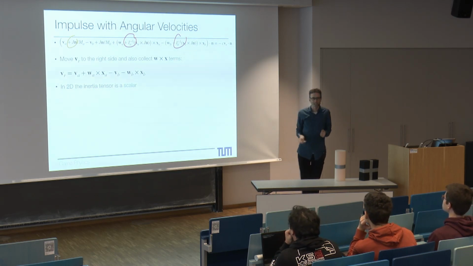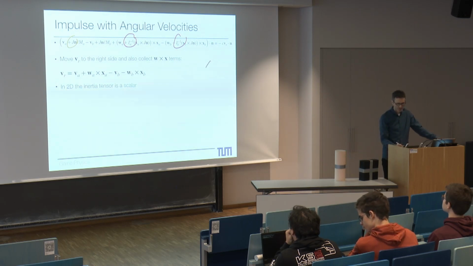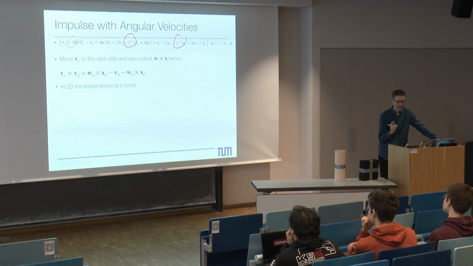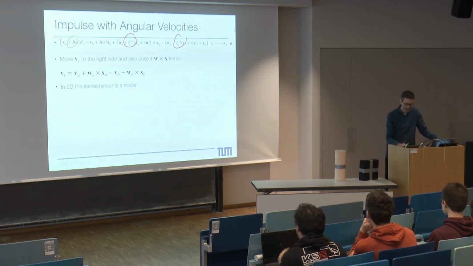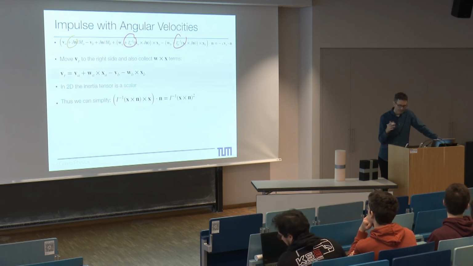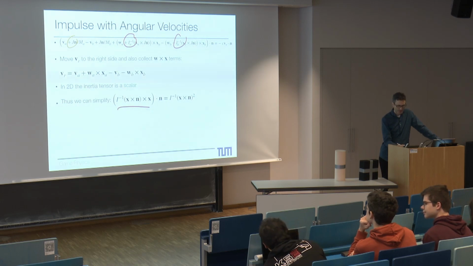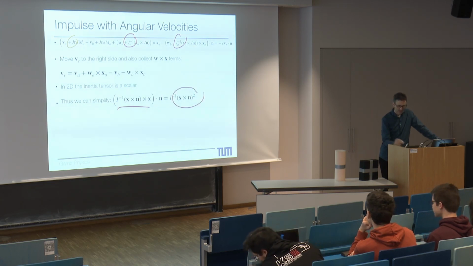These two i's are single numbers, or it's basically an inverse. It's 1 over, we sometimes wrote it as this lowercase I. And this number we can pull out. Later on it's a matrix, then it's not possible anymore. But if we can pull this out, then there's a nice simplification you can make. Just rearranging, you can show that for vector notation, this expression can be turned into this cross product squared.